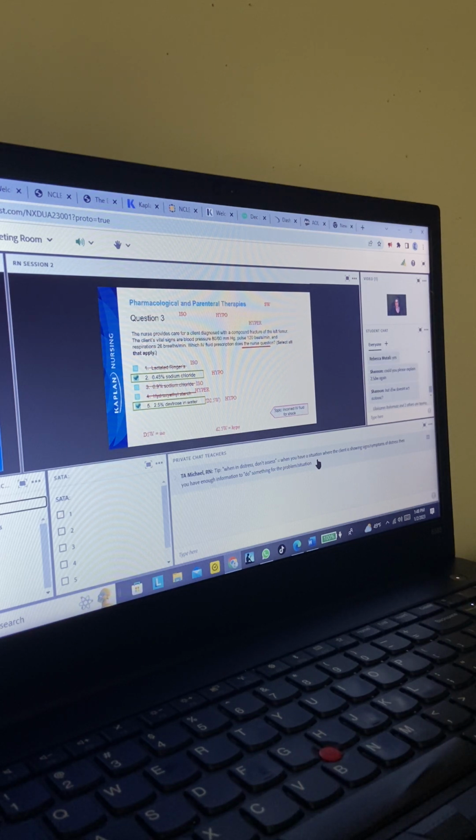And as far as your dextrose solutions, what is a hypertonic? We've got D2.5 is hypo, D5 is iso. Anything more than D5 would be hyper. Very good, Woolsey.